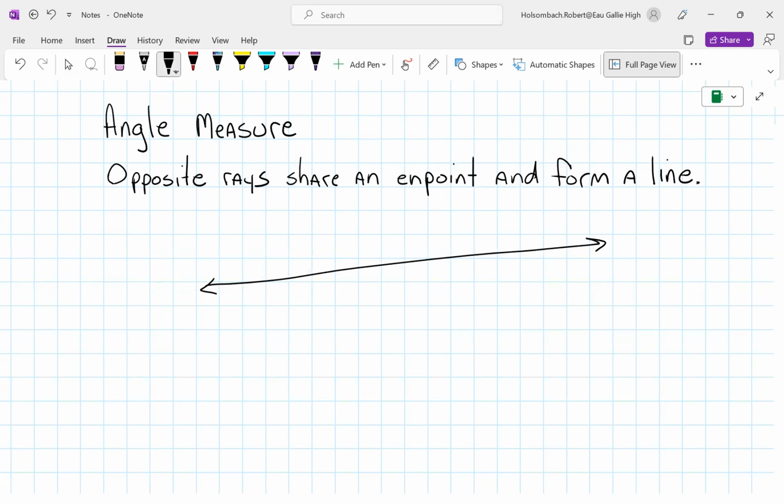In this picture right here, if we've got line L and we put points H, J, and K on that line, you've got a ray right here that starts at J, goes through K. This would be called ray JK.